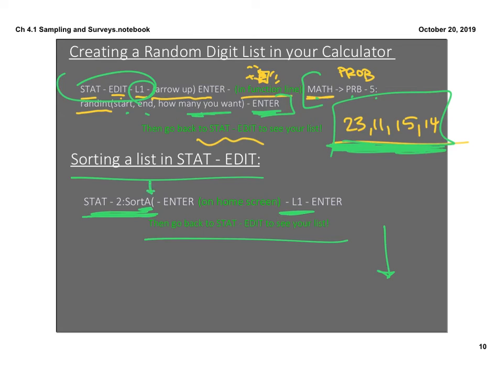Sort A is least to greatest. Sort D, I don't know what option it is, it's probably option number 3. That's if you want to go from Z to A. That's your Z to A sort. This is your A to Z sort. Hopefully that makes sense.